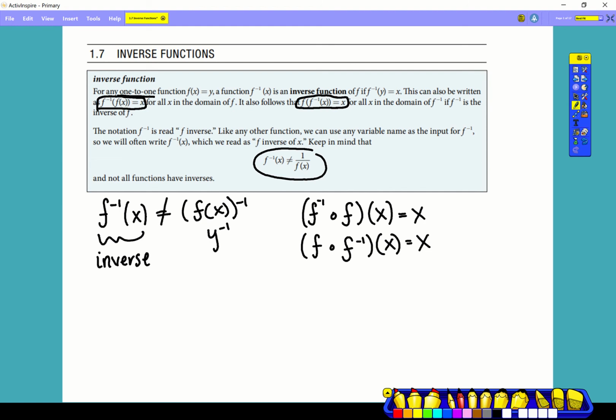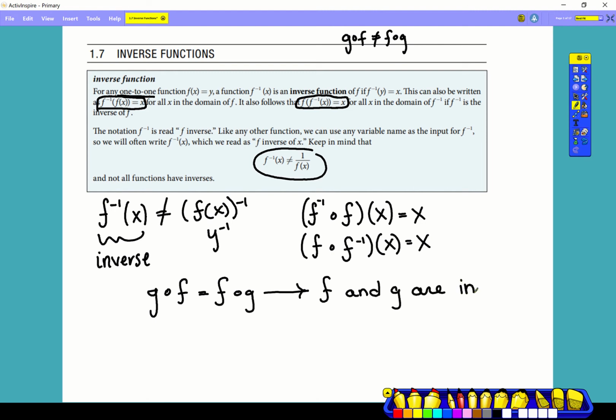Do you remember how last time when we were talking about composition of functions, we had g of f was not equal to f of g? Well, here that actually means something. If we have g of f equal to f of g, then f and g are inverses of each other.